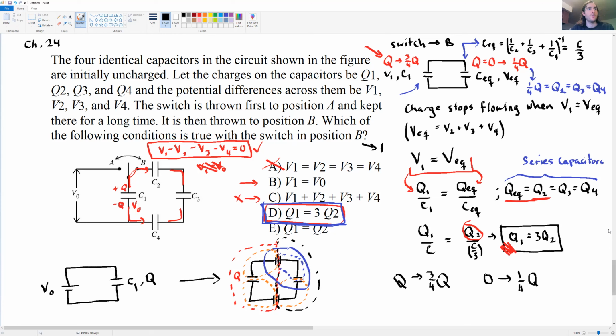So the total amount of charge that we began with, which was Q, remains the same.